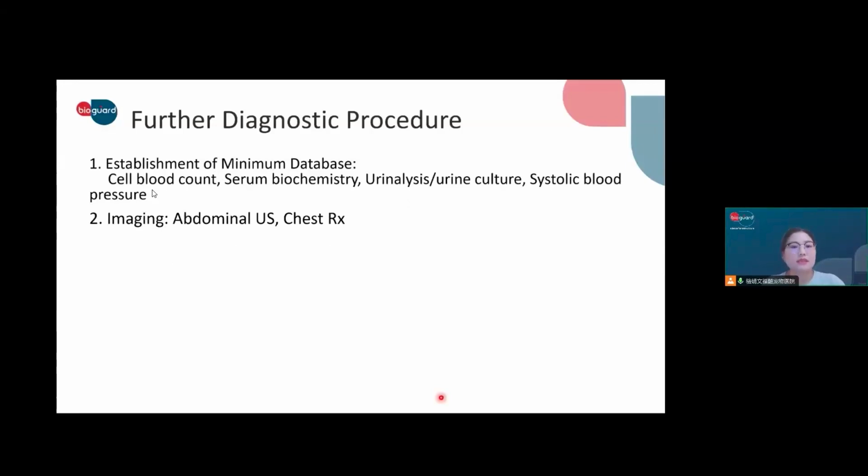The second, we also need to do abdominal ultrasonography and chest X-ray radiography. And thirdly, if there are enlarged lymph nodes or masses, we may also need to do cytology or histopathology.